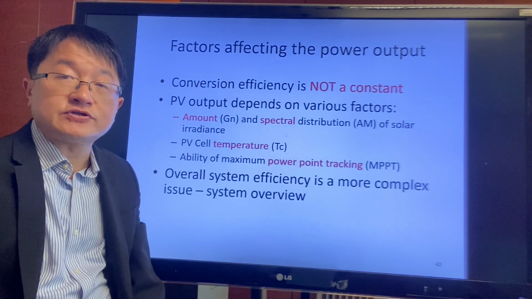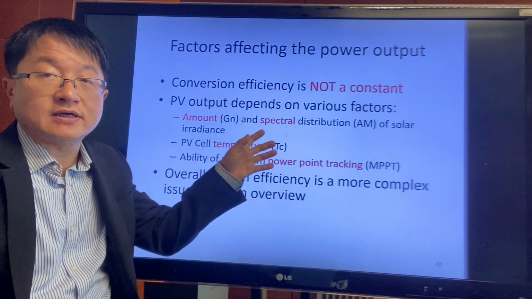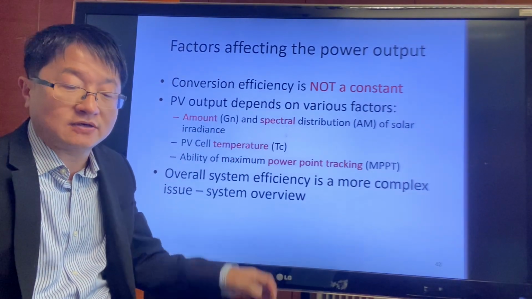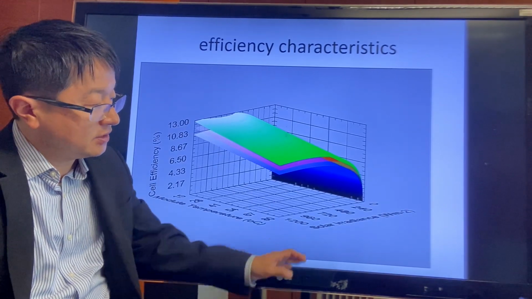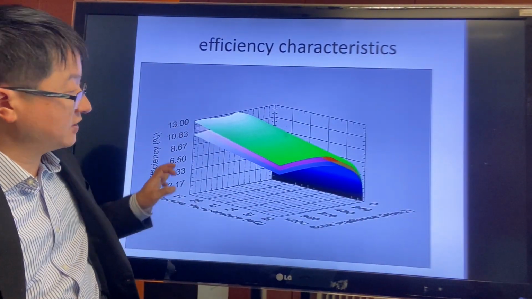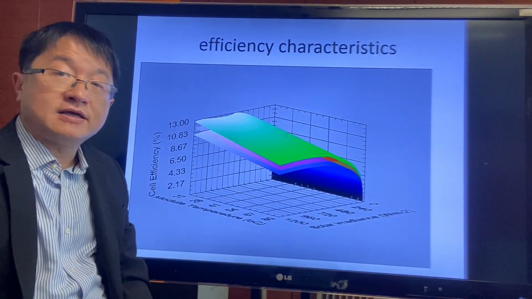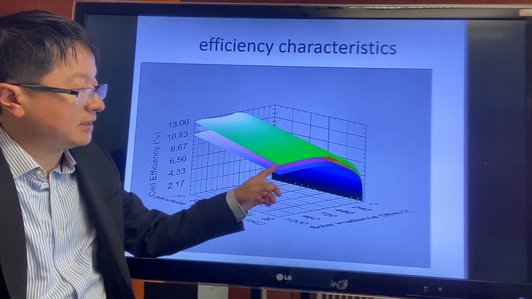The overall system efficiency is more complicated. You cannot simply consider one factor. You have to consider all these factors collectively. And this diagram shows the relationship between the solar radiation, the temperature, and also the efficiency under different wavelengths of solar radiation: the blue light, red light, and green light.